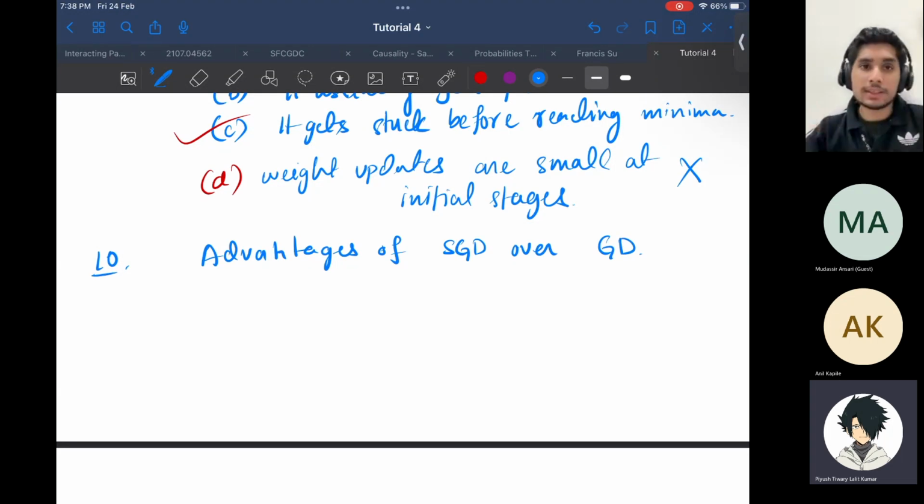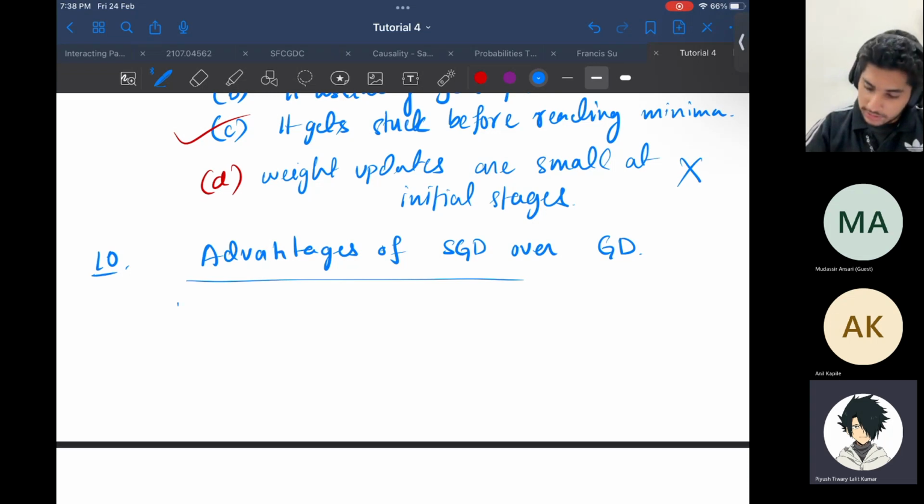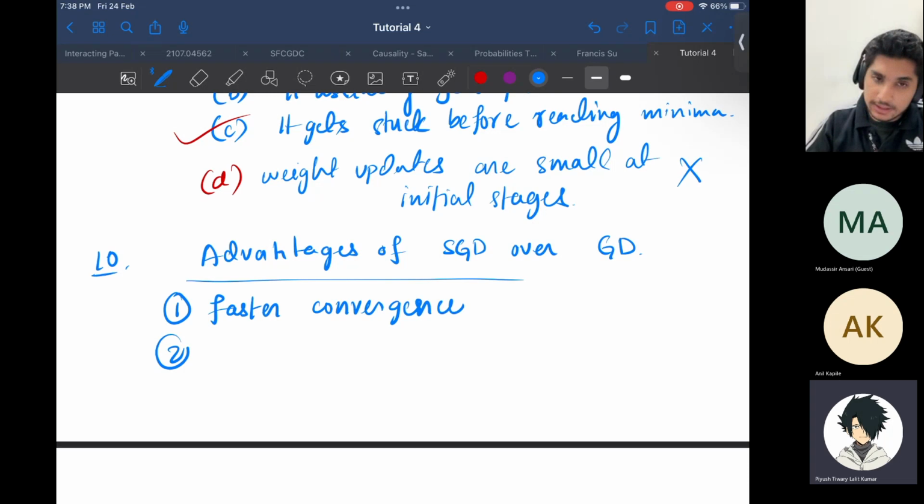Whenever this comes up, there are only two advantages of using it. First is faster convergence, and second is computational efficiency.